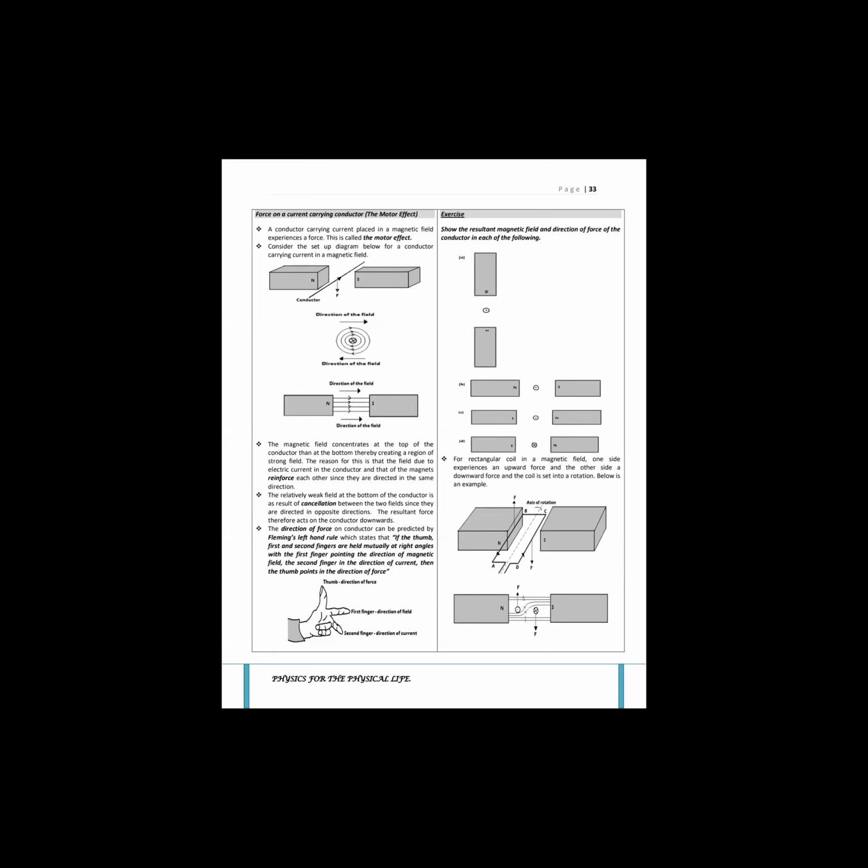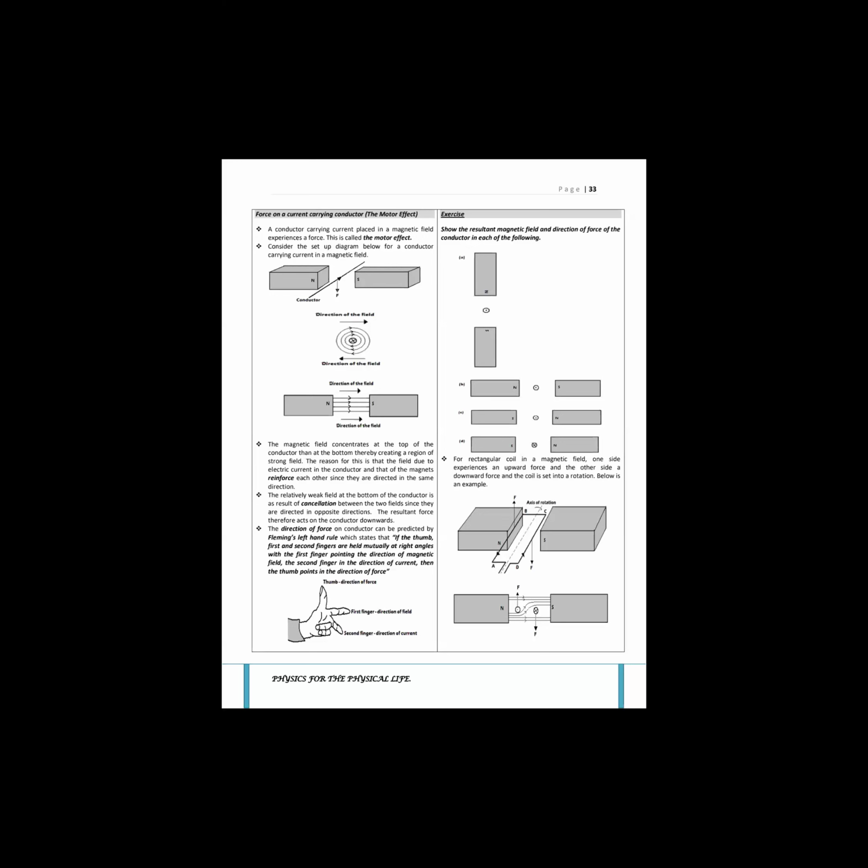There is something we need to know about this current conductor, something about the force acting on it. There is a magnetic field that we need to indicate in those two diagrams.